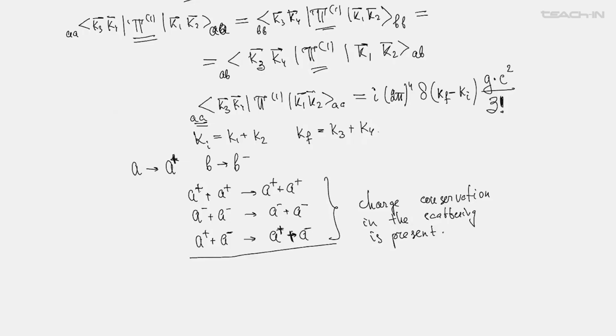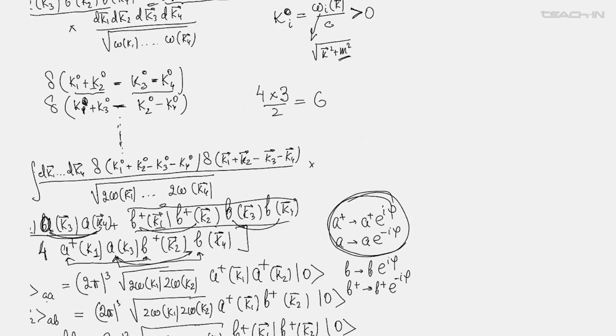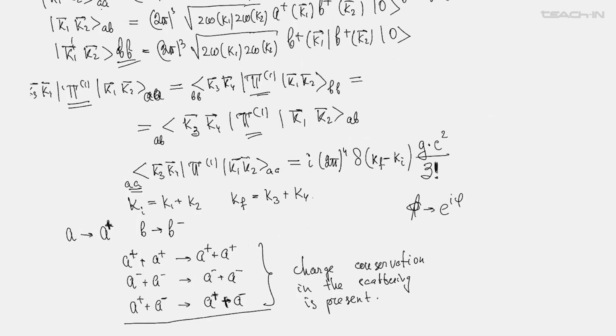The field phi goes to exponential I phi multiplied by phi, like this, and phi star goes to exponential minus I phi multiplied by phi star, making the interaction term in the action, and of course the kinetic part and the mass term, invariant under these rotations.